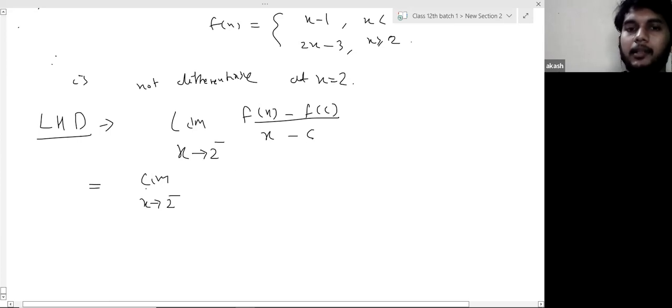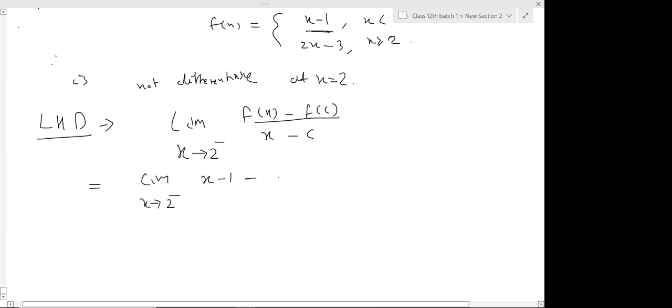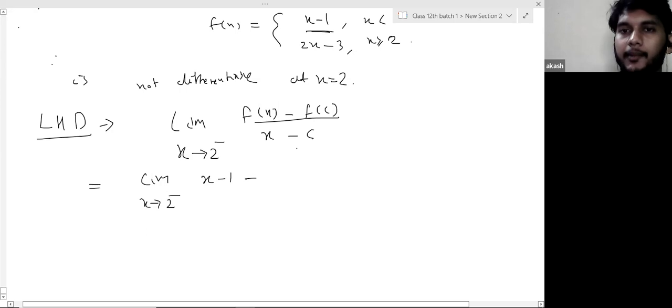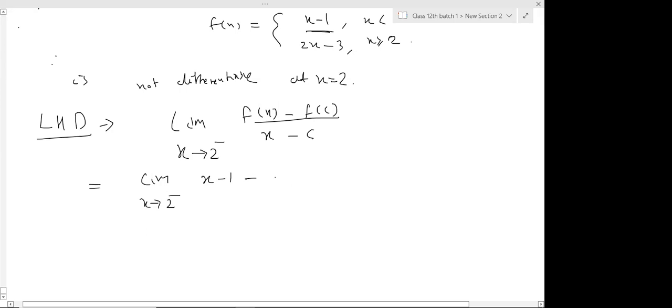When x is less than 2, this is the function, so x minus 1 minus f of 2. What is f of 2 here? 2x minus 3. Yes, but we have to put the value of x as 2 also, right? So 4 minus 3, or we can say 2 into 2 minus 3.